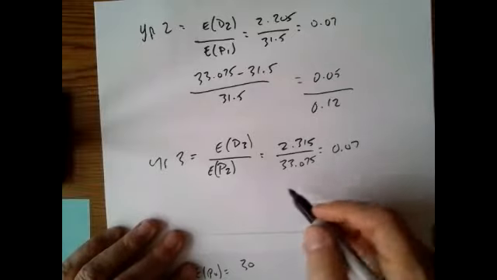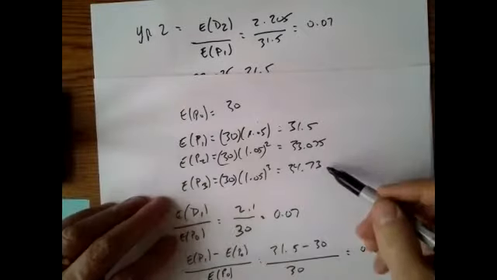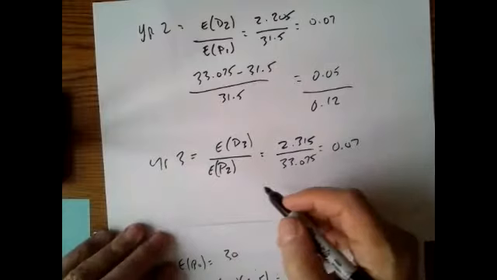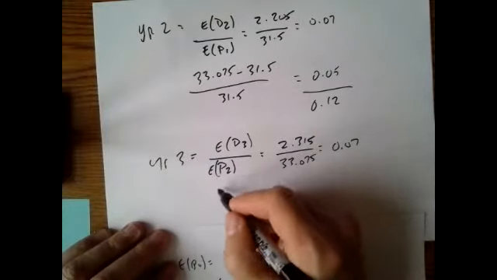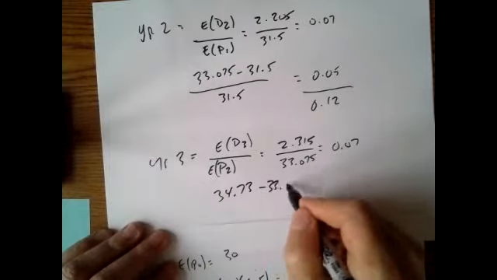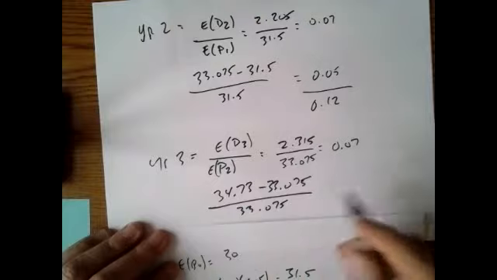Okay, so then cap gain is going to be P3 minus P2 divided by P2. So that's 34.73 minus 33.075 divided by 33.075.